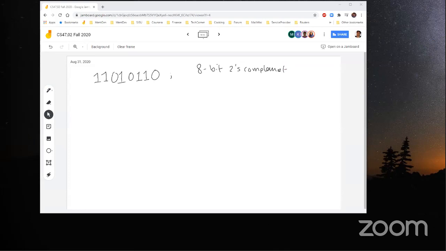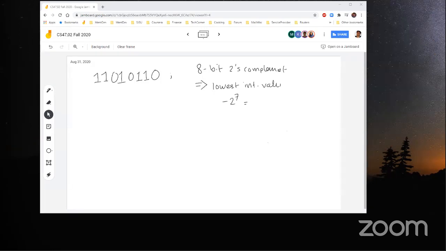So it immediately gives us the information that the lowest integer value is minus 2 to the power 7. 2 to the power 5 is 32, 2 to the power 6 is 64, then 128.